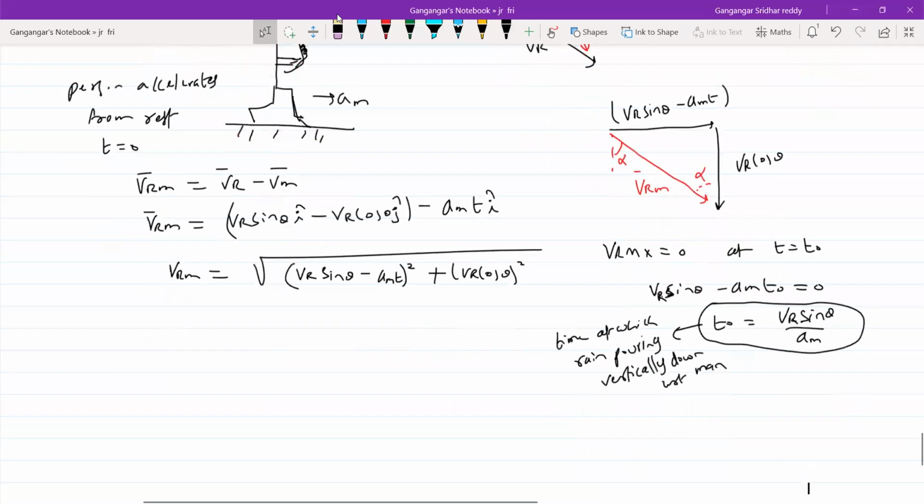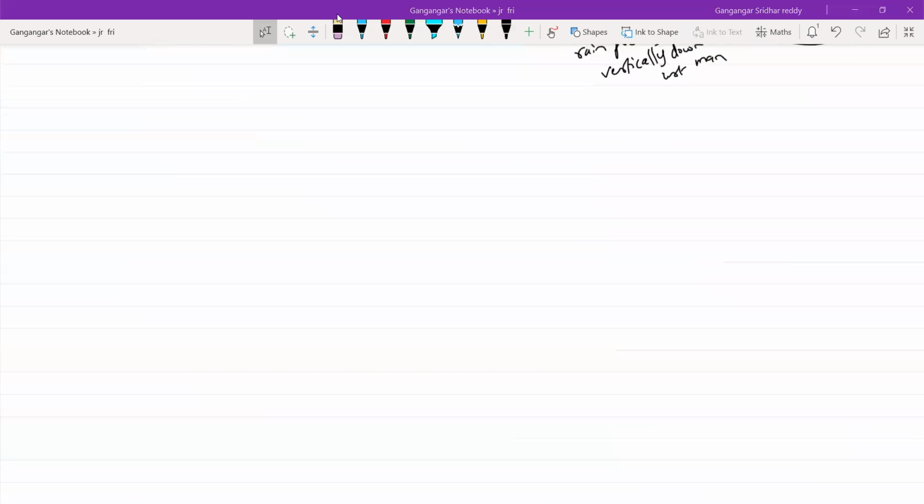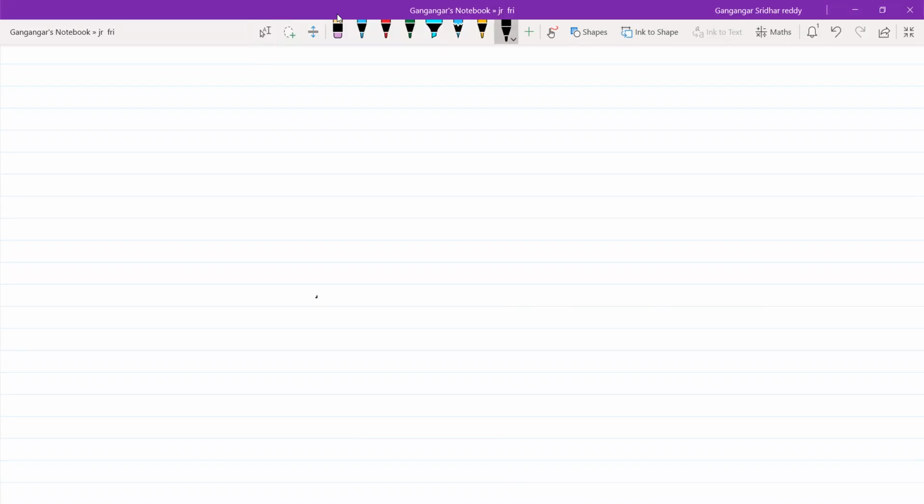Take any inclined plane, something will be climbing. Let this be an inclined plane. Let phi be the angle of inclination.